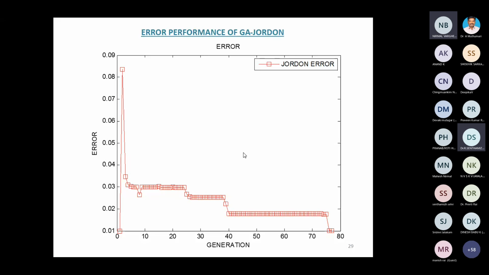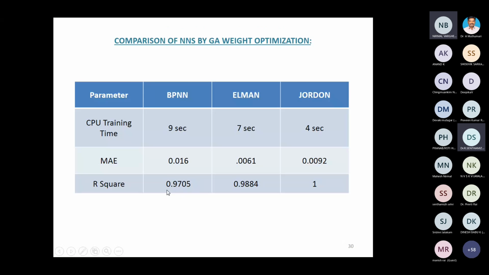The genetic algorithm is a human-based evolution algorithm. The error will start abruptly, and as the number of generations progresses, the error will come down drastically and then will come down closely, step by step.